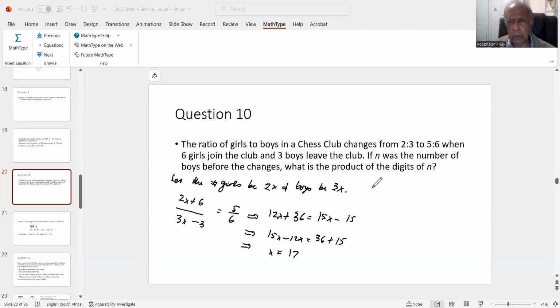Right, but we needed to know the number of boys before the changes. So n is the number of boys. And we said the number of boys before the changes was 3x, and x is 17. So this is 51.